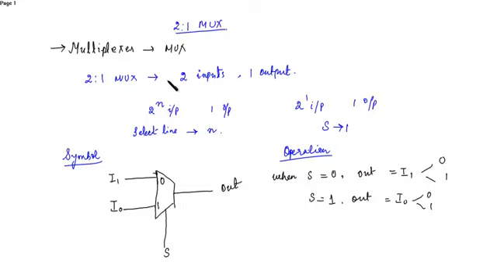So now, in order to draw the schematic of a 2:1 mux, we need pass transistors. So we need 2 pass transistors or the transmission gates.